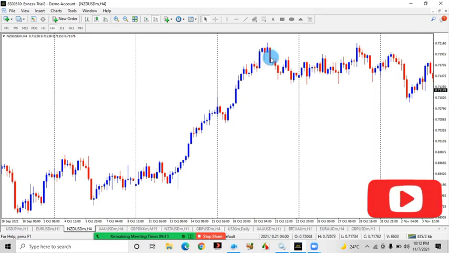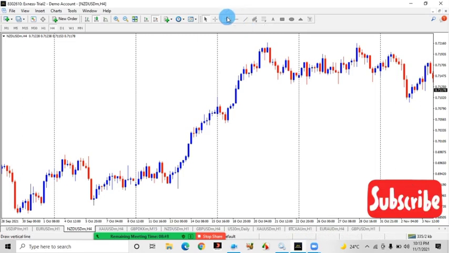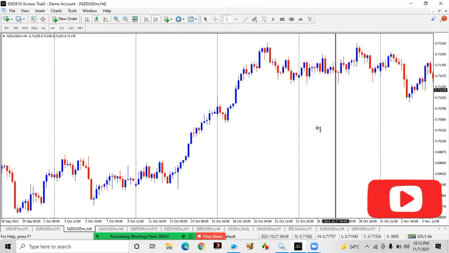Can you see the default now? Toward the extreme downside of my screen. What do you have after the default?